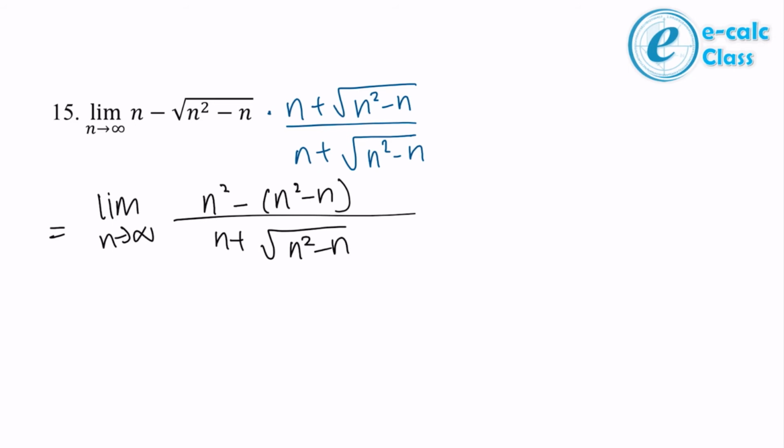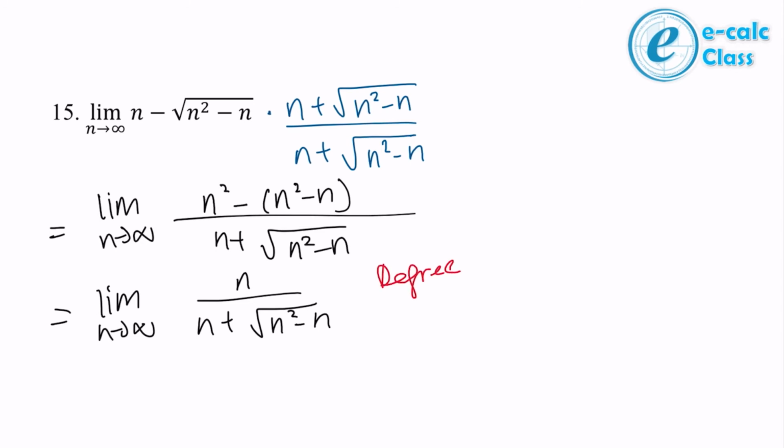Okay, and now what? Let me just write one more step, so that you can see what I see. N over n plus square root of n square minus n. Can you see that the degree of the numerator is 1, and the degree at the denominator, after you open up the square root, will also be 1.